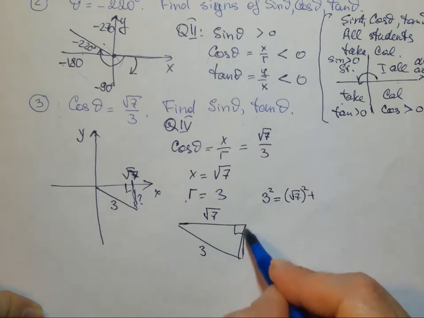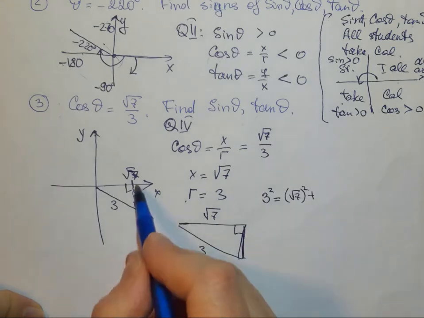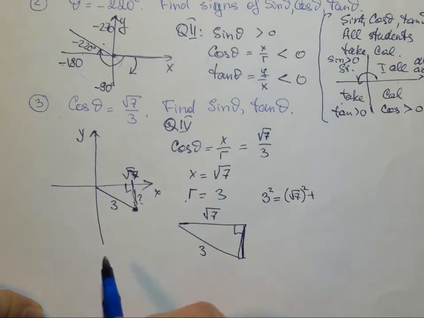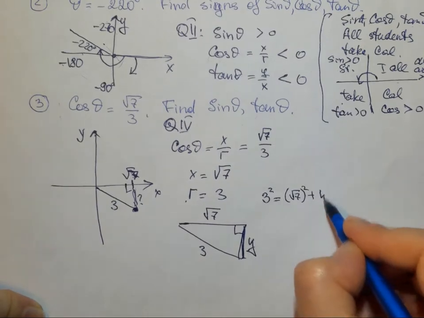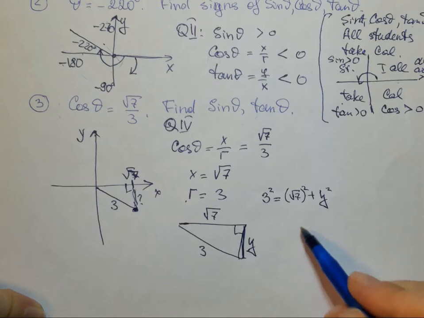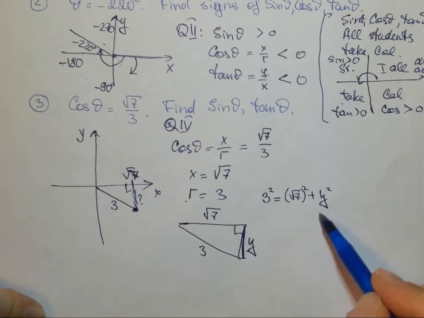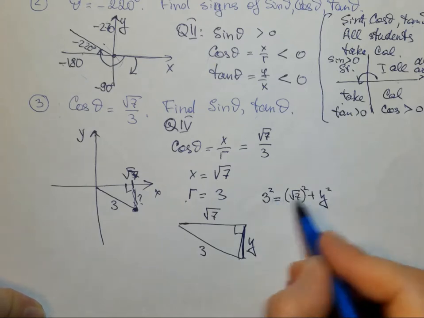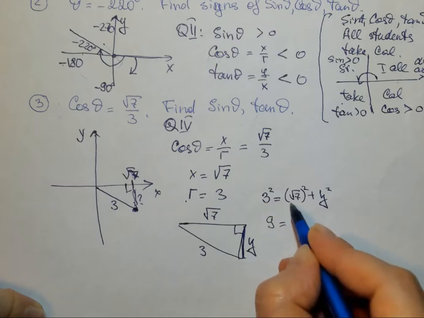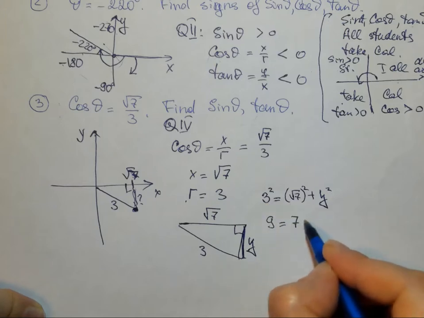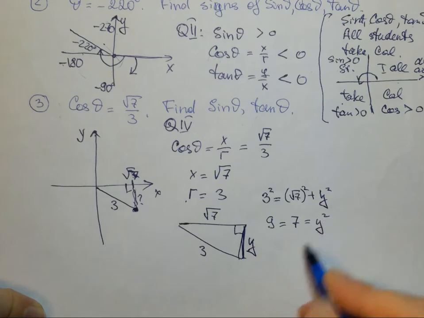The second leg is the y-coordinate of this point, so plus y squared, and we must solve this equation for y. Let us square these numbers: 3 squared is 9 equals square root of 7 squared is 7 plus y squared.